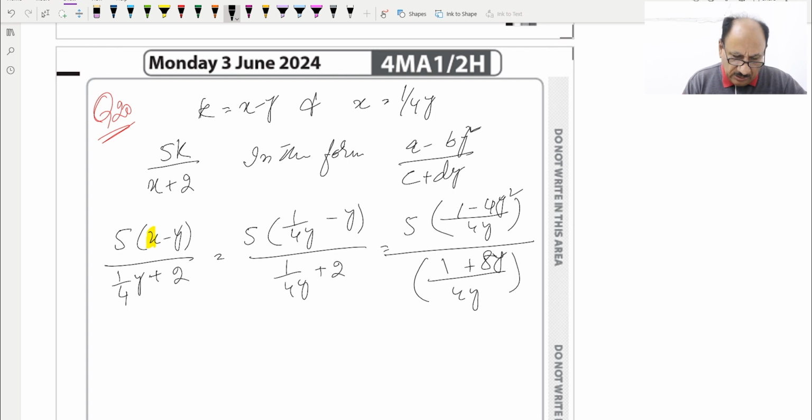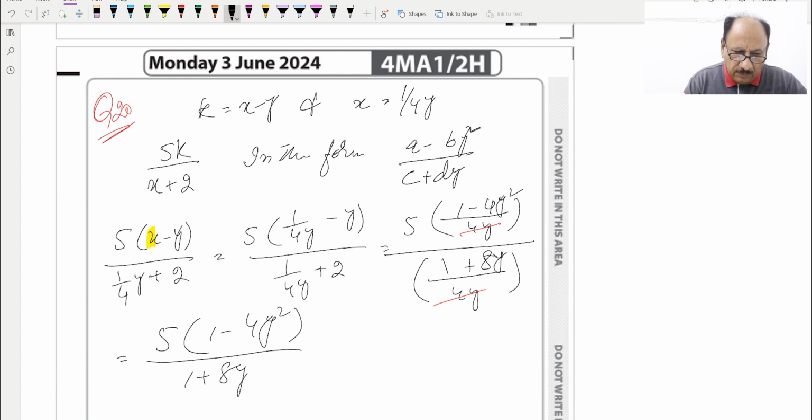The 4y and 4y we can cancel, so this will be 5 times 1 minus 4y square over 1 plus 8y.